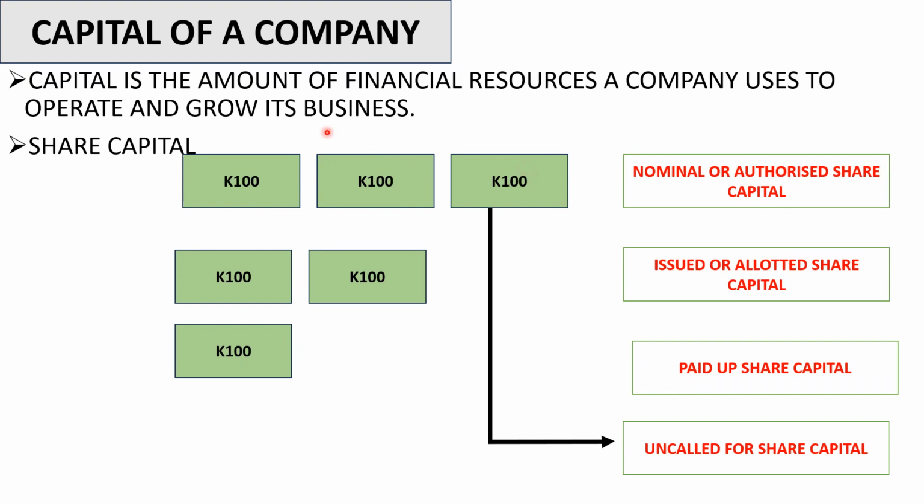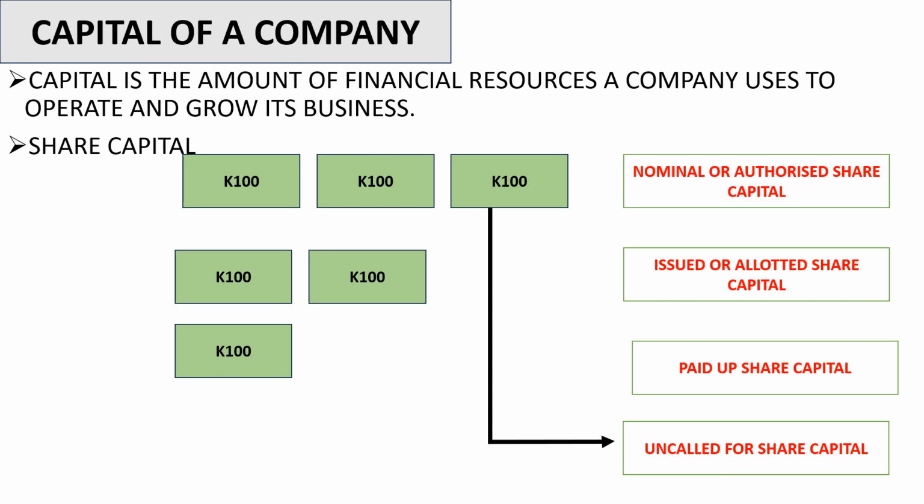So in summary, the total amount of share capital that the promoters come up with is called nominal or authorized share capital. Then the one that is issued out to shareholders is issued or allotted share capital. Then the one that shareholders actually buy is called paid up share capital. Then the one that remains is called uncalled for share capital.